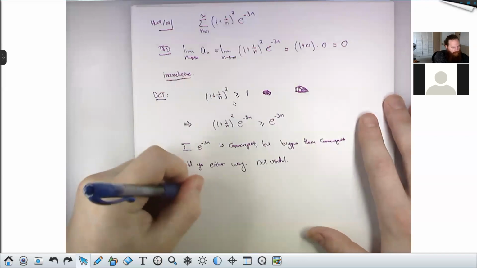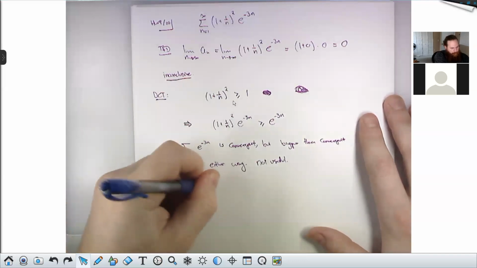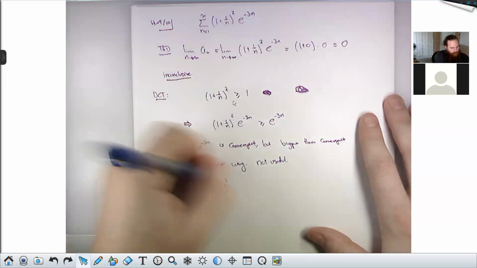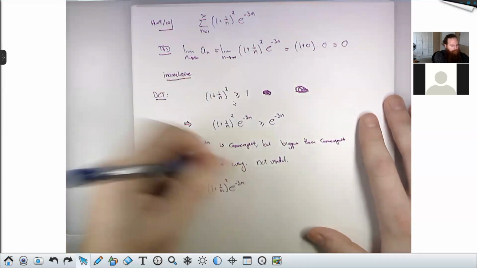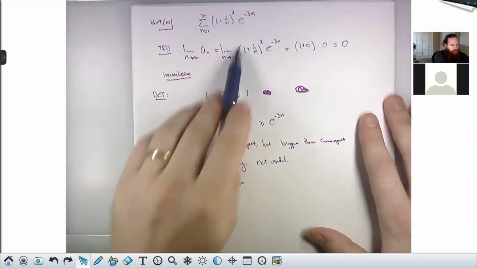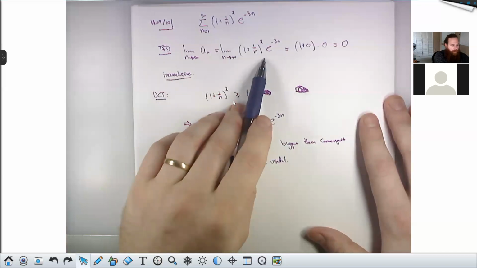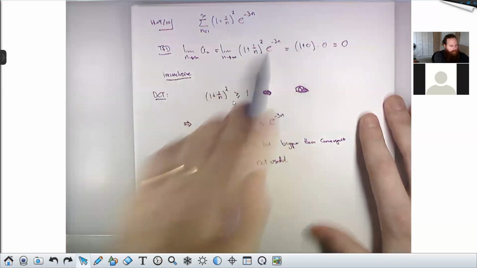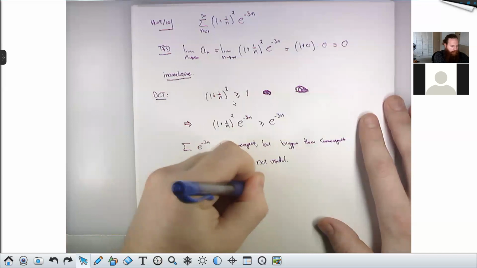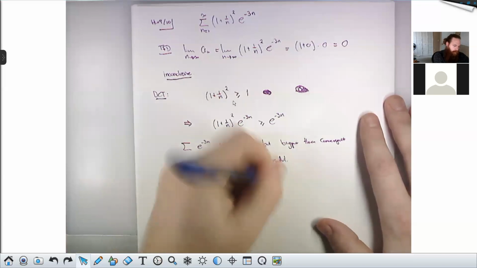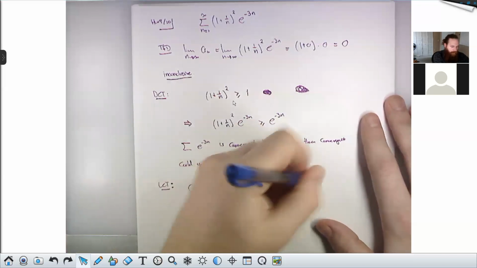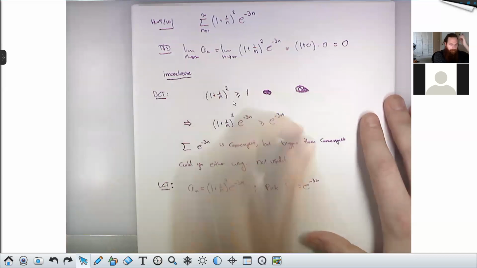So here, an is (1 plus 1 over n) squared e to the negative 3n. Since this piece goes to 1, the natural thing to compare against is this guy. So I'm going to pick bn to be e to the negative 3n.